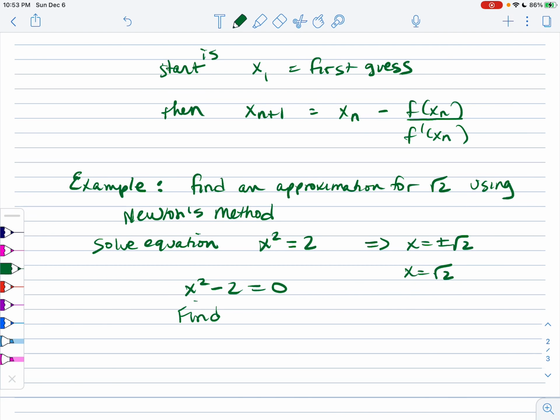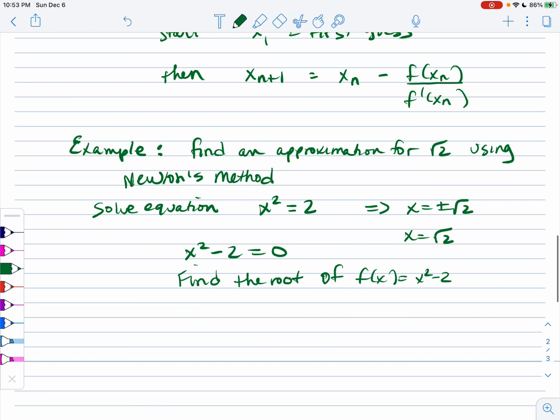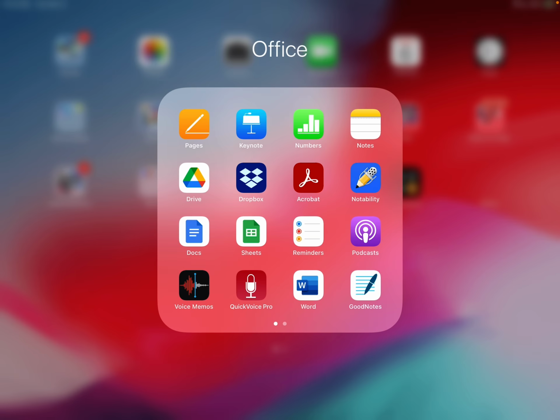And now I can say find the root of f of x equal to x squared minus 2, right? Because if I'm saying find the root of x squared minus 2, I'm asking, in other words, f of x equal to 0, right? So I can always solve an equation by moving all of the terms to one side, setting it equal to 0, and then using that as my function, right? So this would be my f of x, right? So now I'm going to stop here, and I'm going to go and open up my Excel file.